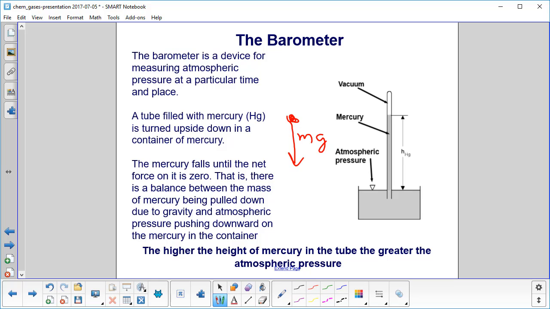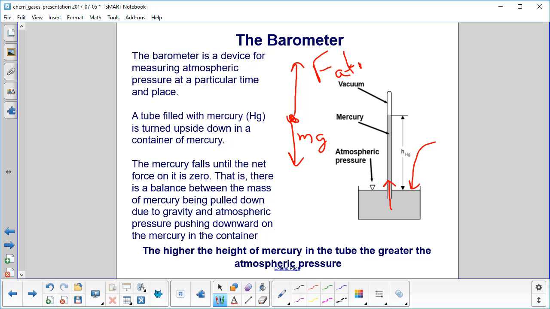Atmospheric pressure, the entire atmosphere, is pushing down like this. Now, once it puts pressure here in the container, that pressure is going to go in all directions and it will be perpendicular to every surface. So there's going to be a force trying to push the mercury up the tube. So here, that's your other force. That's the force of the atmosphere.